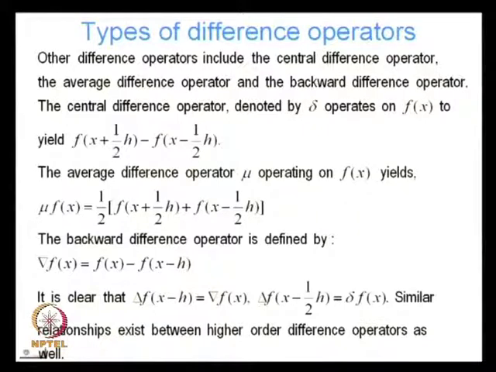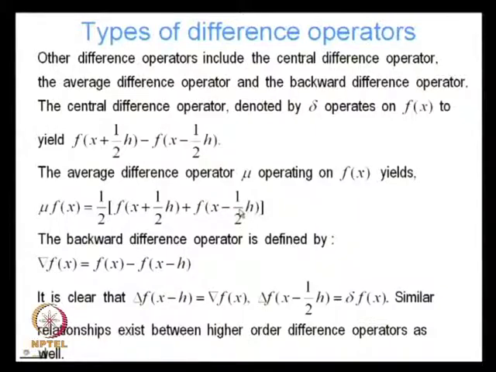For instance, we are going to denote the central difference operator by delta. So delta operating on f of x is equal to f of x plus half h minus f of x minus half h, right? Then there is the average difference operator mu, which operating on f of x yields half f of x plus h plus half f of x minus h.